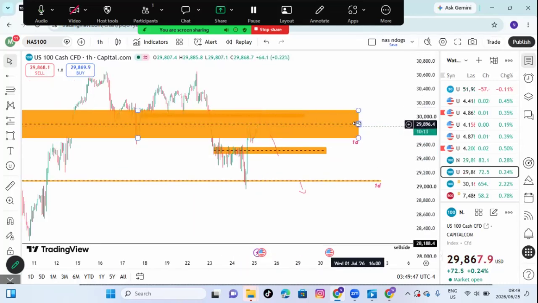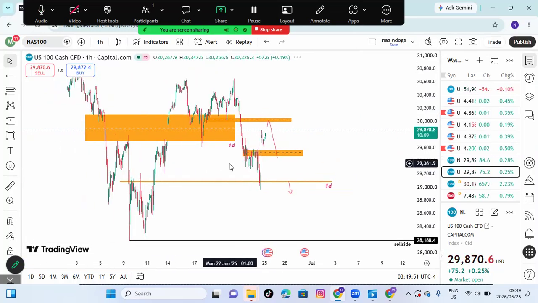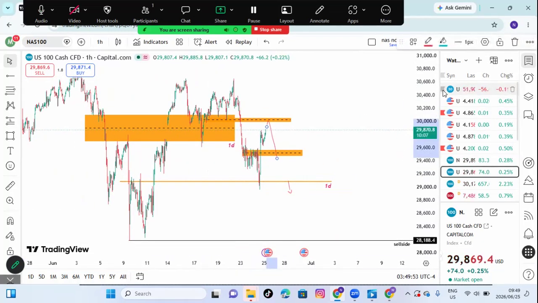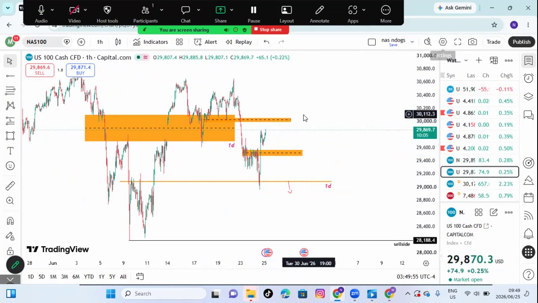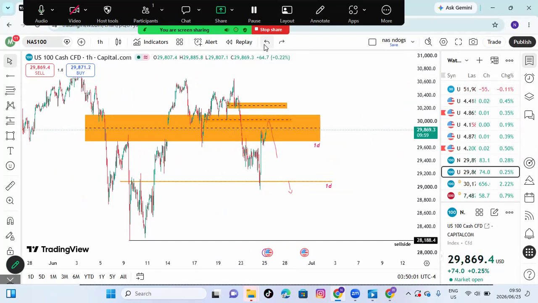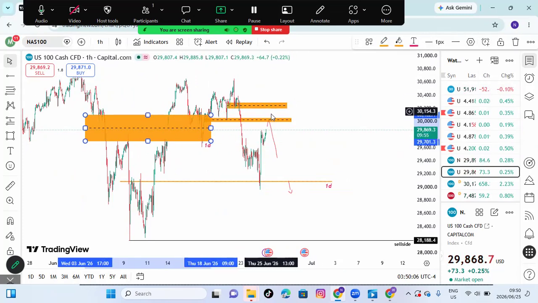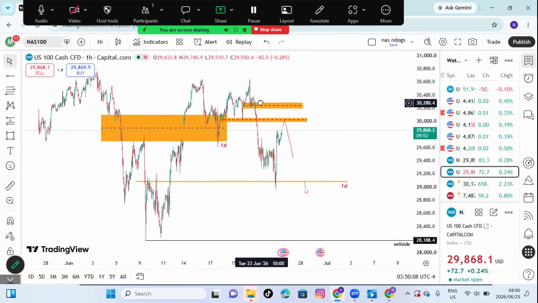So I'm gonna pull this daily back. And there we go. That's what I had here. So I wanna see this go. When I had a level up there. There we go. So we'll be watching this level and this level, right?